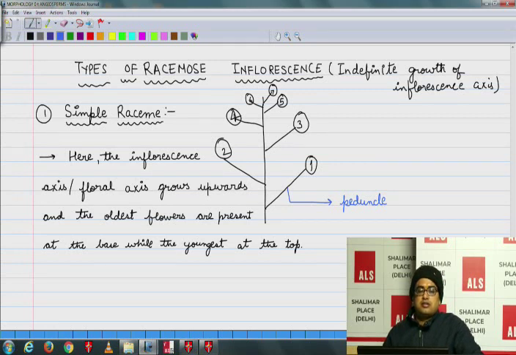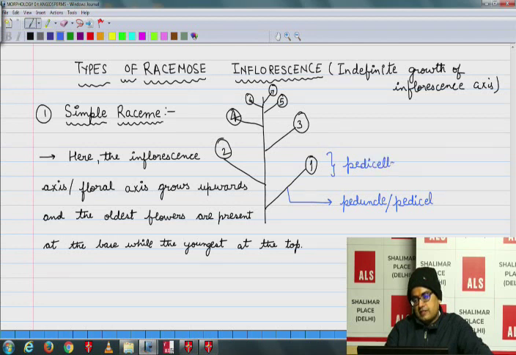Here, the important thing is, peduncle is also called by another name, pedicel. If pedicel is present, such a flower is called a pedicellate flower. Pedicellate flower. A flower which has a stalk.